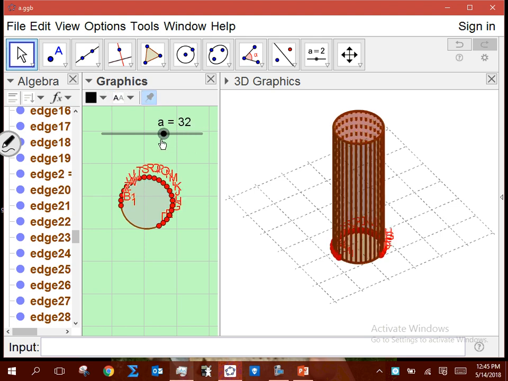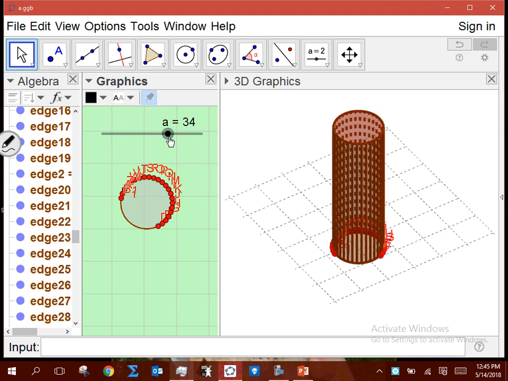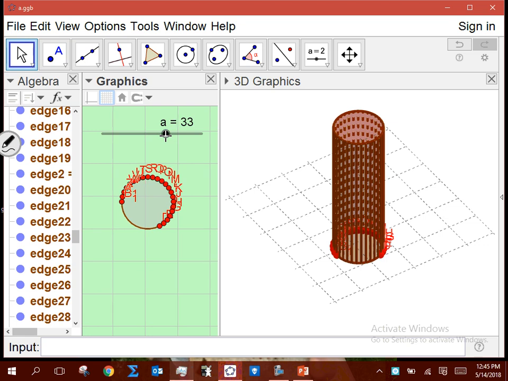So here's my question. If I'm at this stage right here, and I classify that with 33 sides, I can call that a prism maybe. And then once I go to 34 sides, maybe now we classify it as a cylinder. When I went from 33 to 34, did that shape change very much?